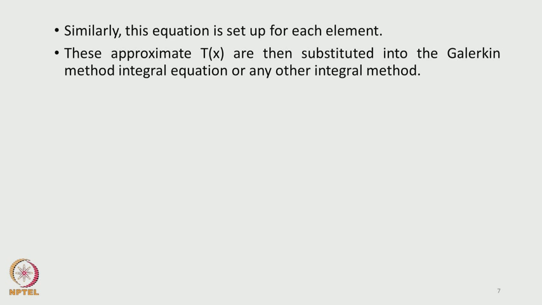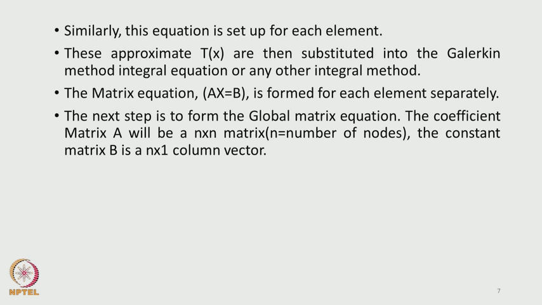Similarly, this equation is set up for each element. This approximation of T of x is then substituted in the Galerkin method integral equation or any other way of writing the weighted form of the equation. Then after assembling the matrix for each element to get a coefficient matrix in the global form, you can solve.